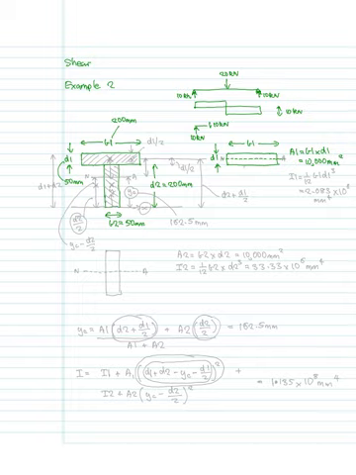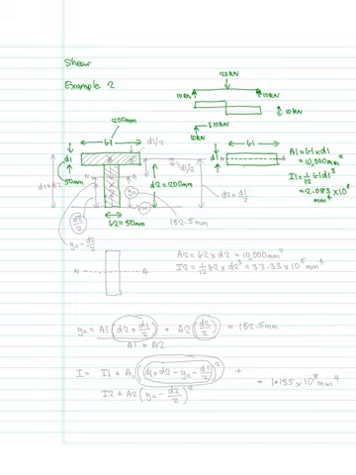And then if we wanted to work out the second moment of inertia, so I1 would be 1 over 12 B1 D1 cubed, and that would turn out to be 2.083 times 10 to the 6 millimeters to the fourth. So that deals with the first section.